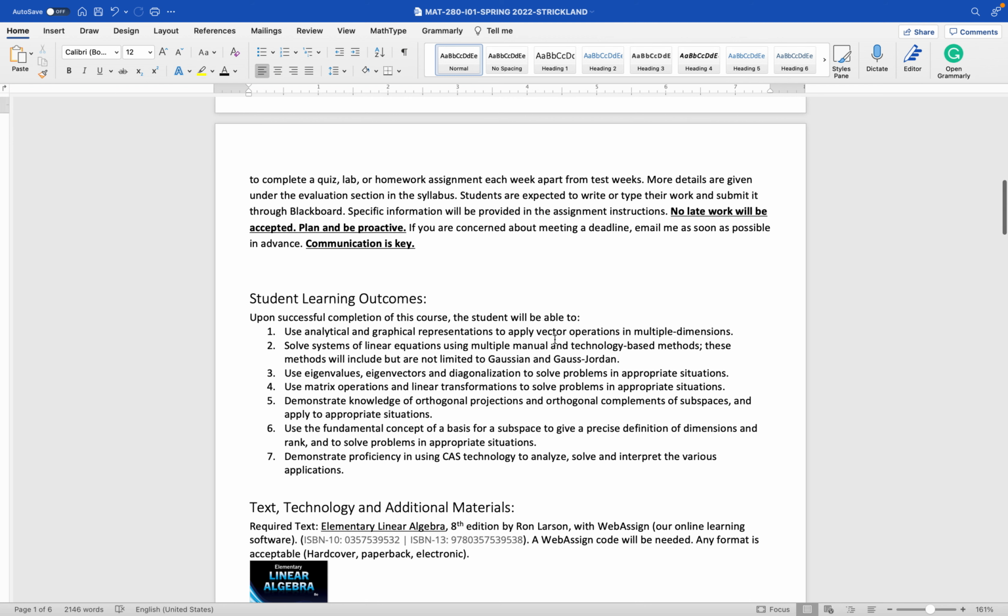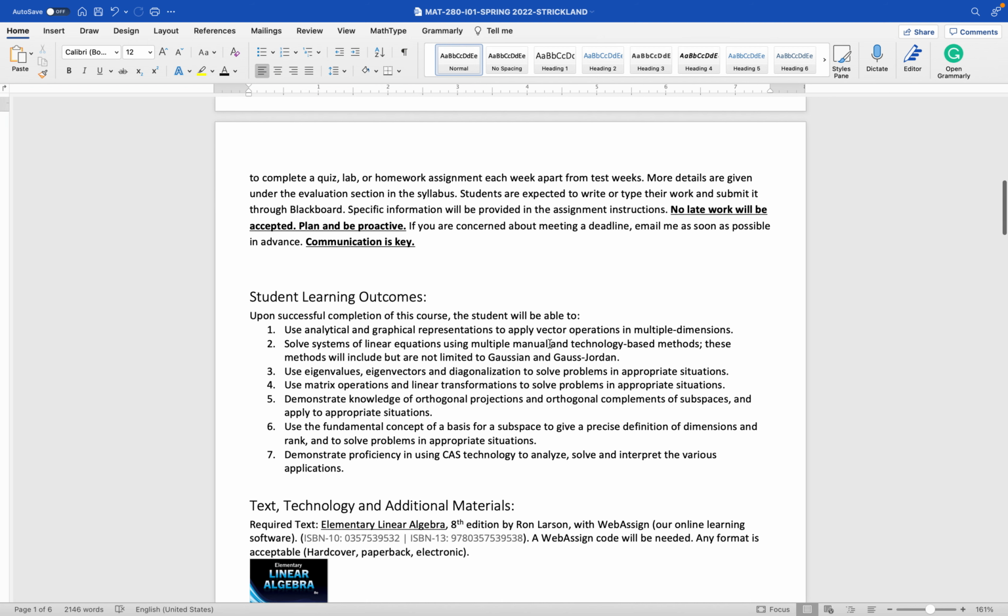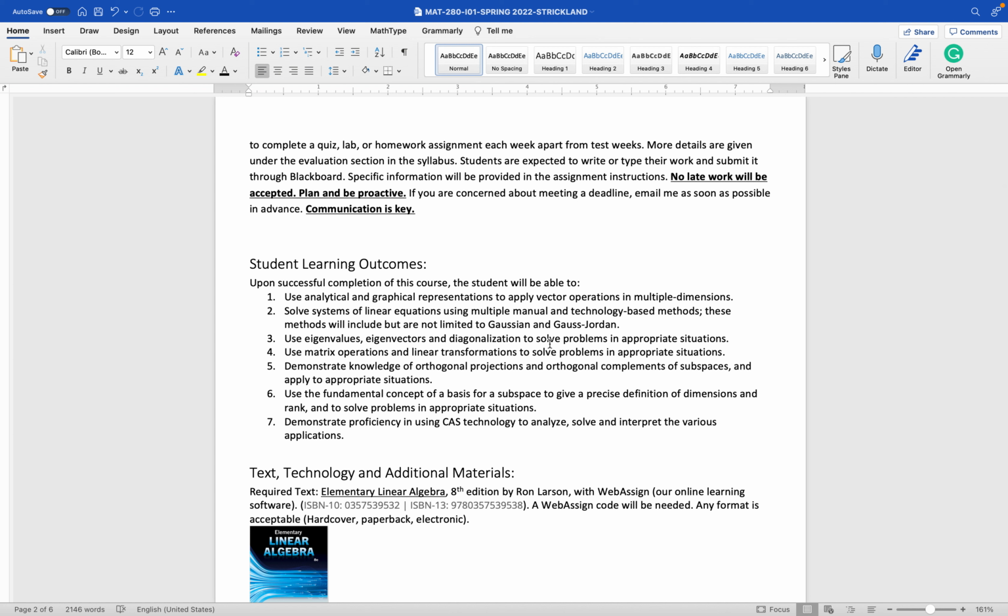Now we have various student learning outcomes, which we'll be looking at among our objectives throughout the course. Upon successful completion, the student will be able to use analytical and graphical representations to apply vector operations in multiple dimensions.